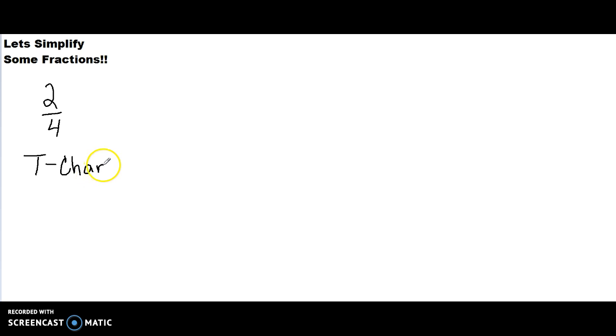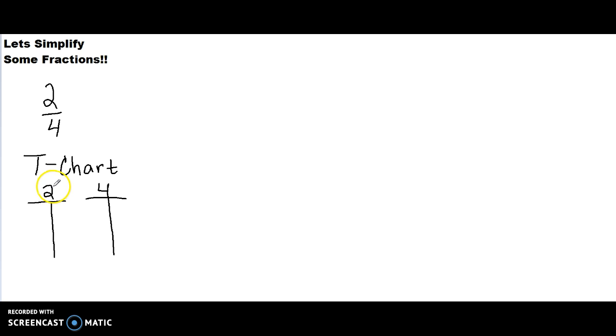It's called a T-chart because you make a T for your numerator, which is this 2, and you make another T for your denominator, which is this 4.